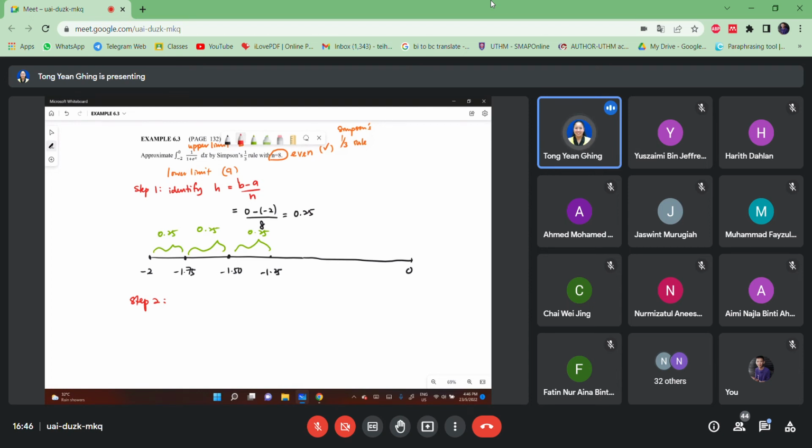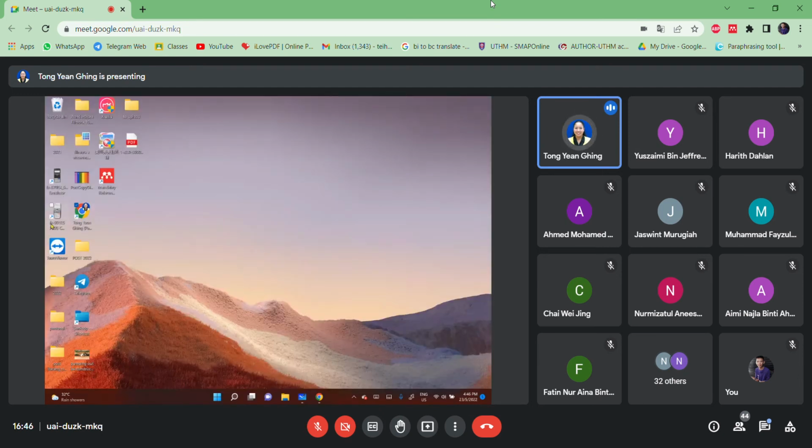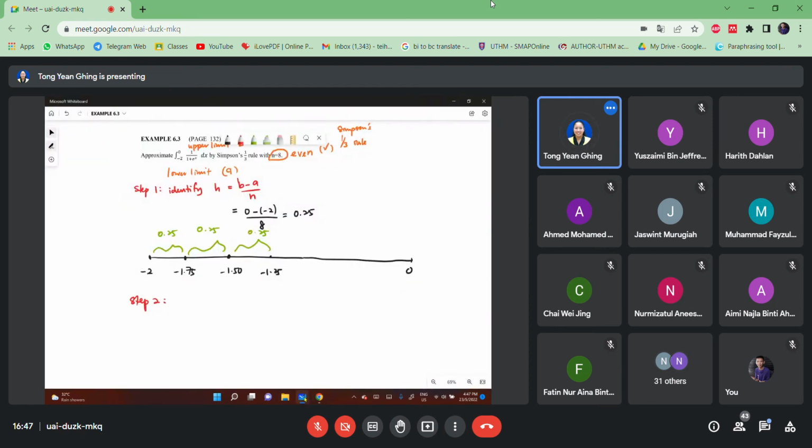If you are using a calculator, either the Casio fx-570EX or the Casio fx-570ES Plus, you can do the table with that calculator.